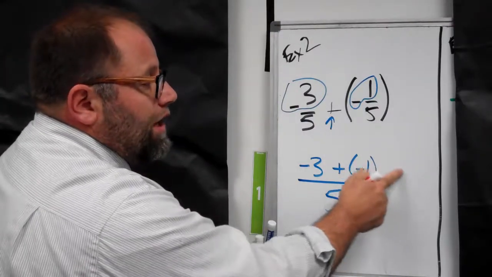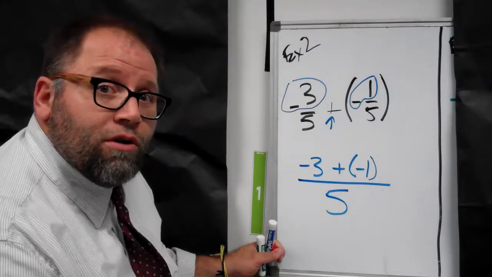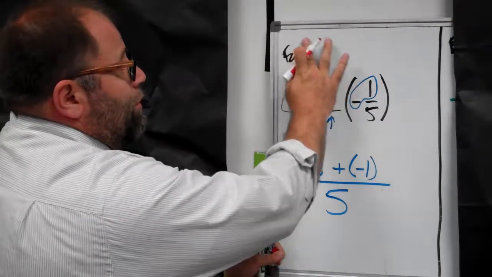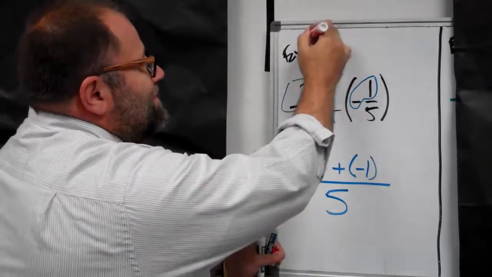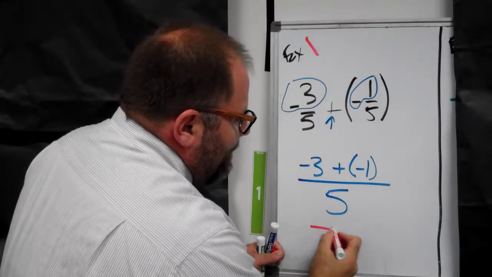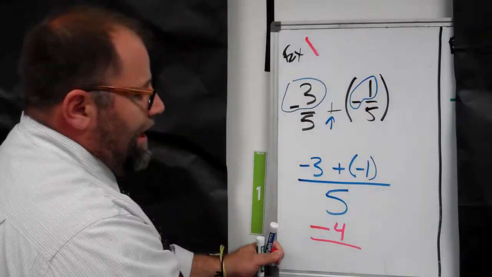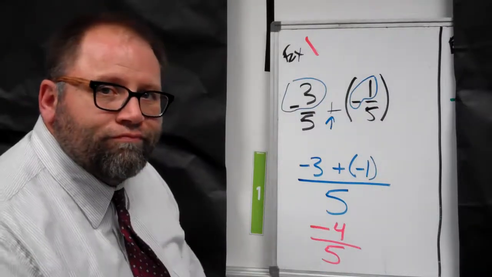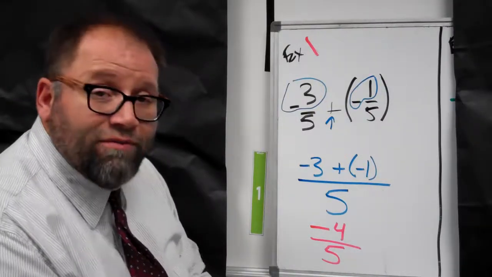All we're doing is working on the dance floor. So now it is time to dance. This is example 1, not 2. -3 plus -1 is -4, and -4 is dancing on 5. That's it. Ready? Let's do another one.